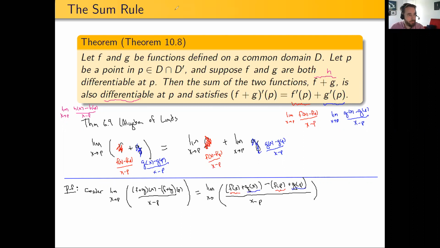So this is really nothing more than the limit as x goes to p of, in the first expression, f of x minus f of p over x minus p, plus g of x minus g of p over x minus p.